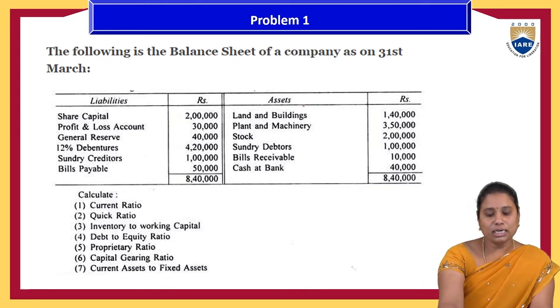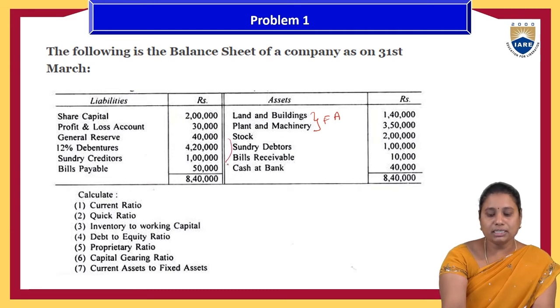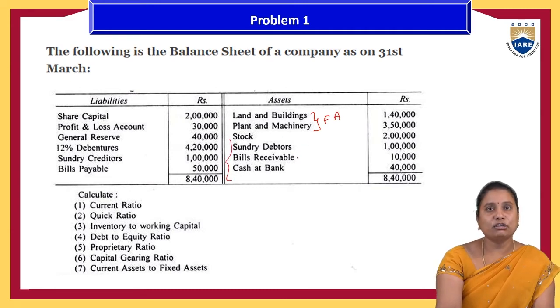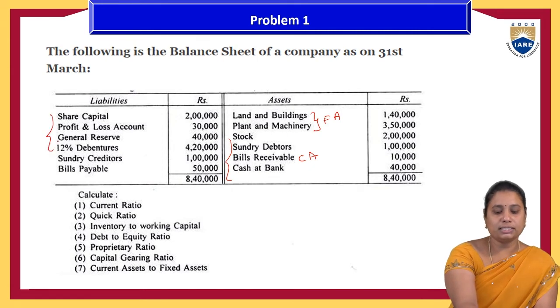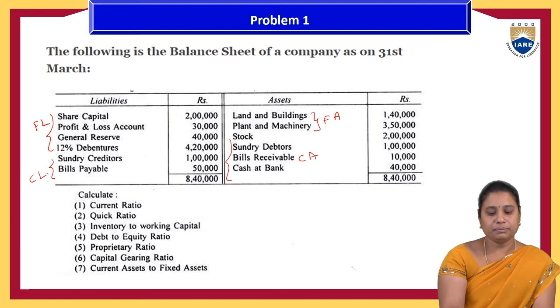From total assets, up to land and building and plant and machinery will be called fixed assets, whereas the remaining stock, sundry debtors, bills receivables and cash at bank will be called current assets. Up to the debentures are the fixed liabilities, and the remaining two are current liabilities.